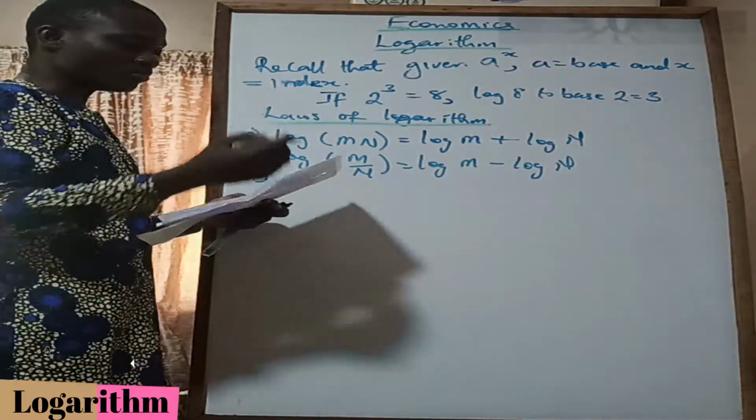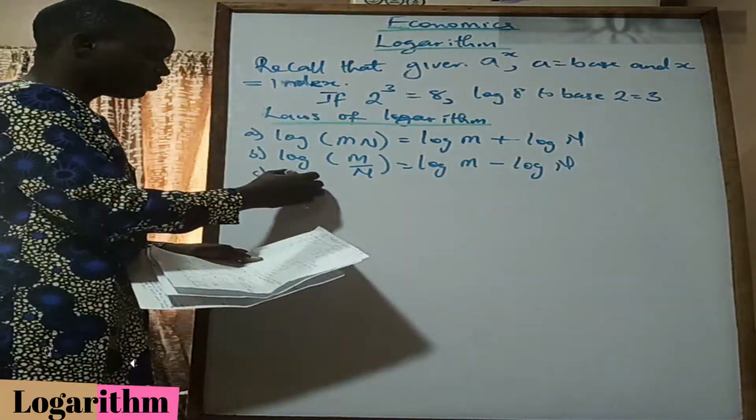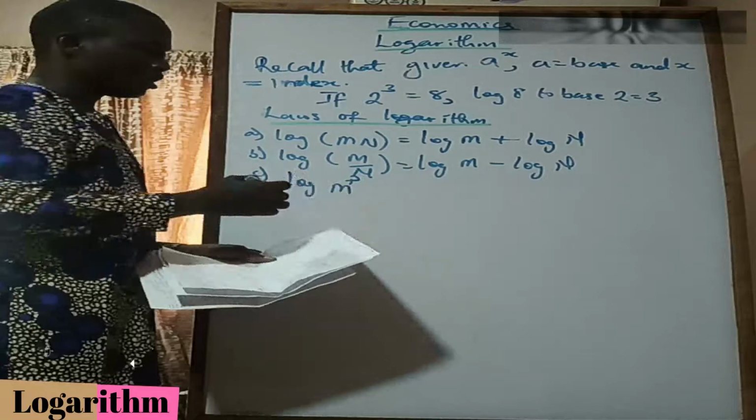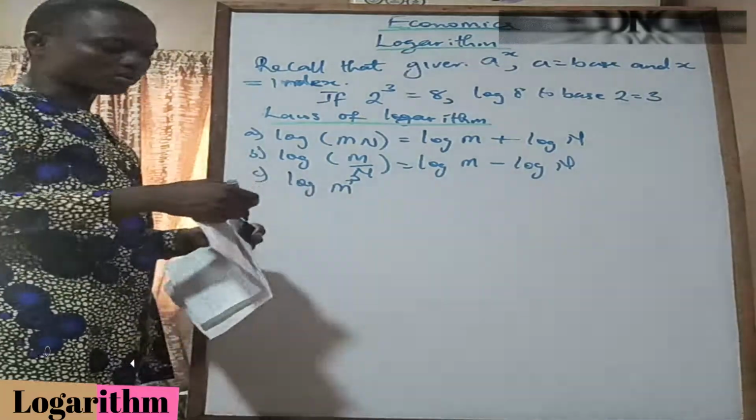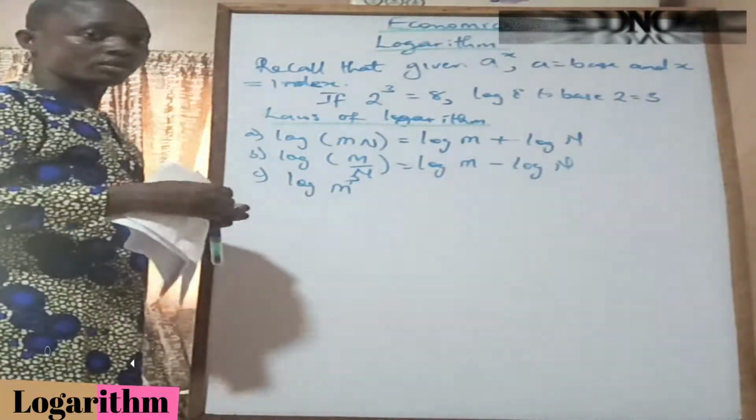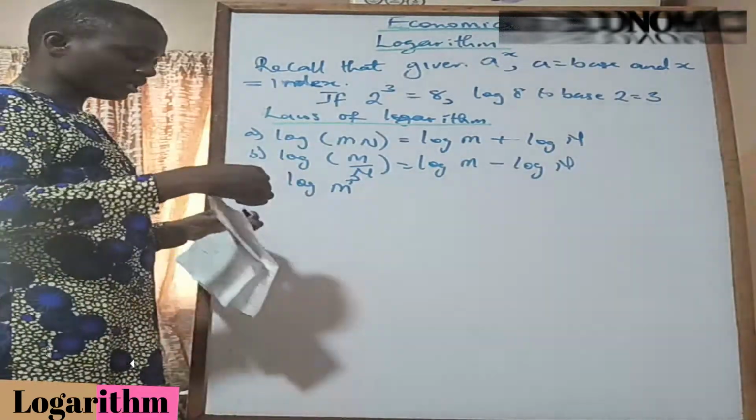And then the third rule, if you have log m raised to power p, right? When you don't have any base in the question, the assumed base is 10.